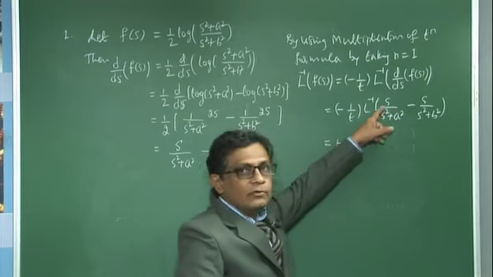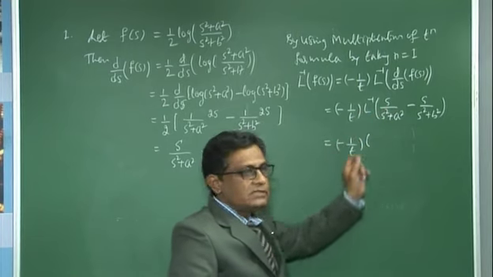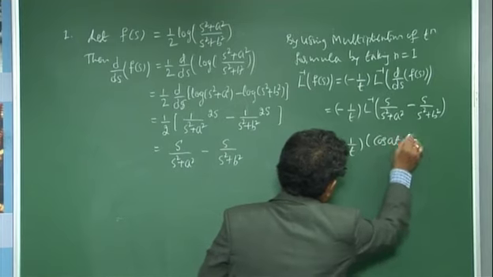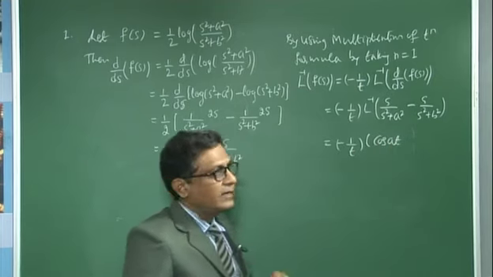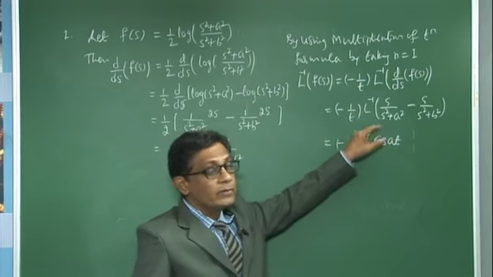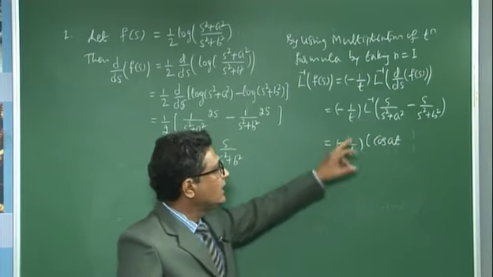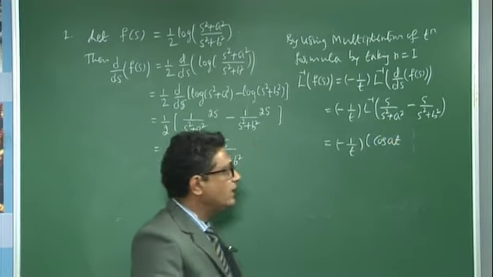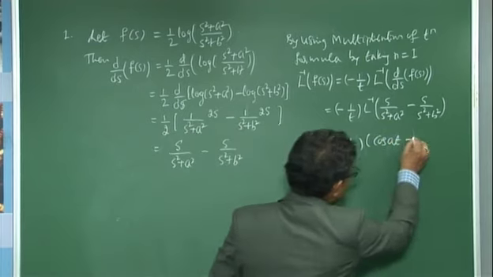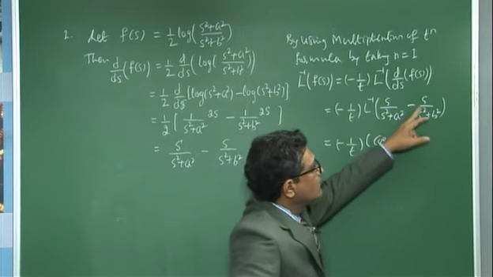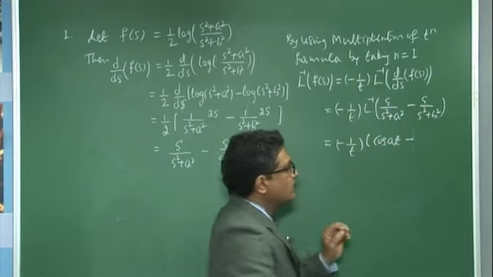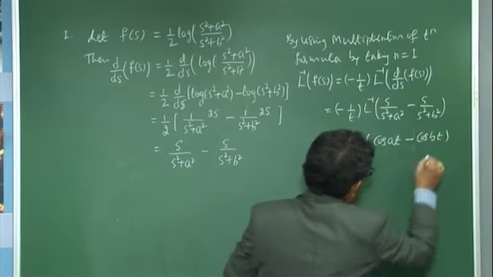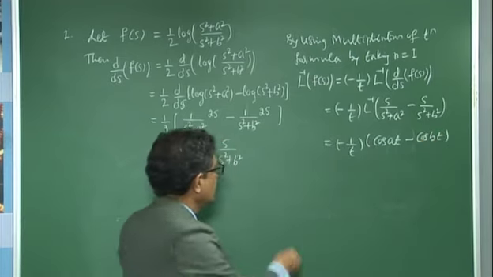L inverse of s divided by s square plus a square is cos at. Here it is important that you memorize the formula. The second term, L inverse of s divided by s square plus b square, once again is cos bt.